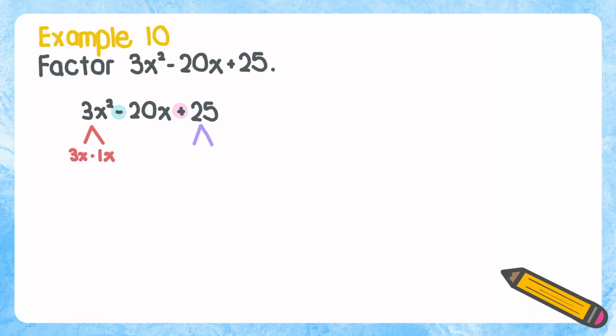And the 25 over here, since it's a positive 25, we have the options 1 times 25 or 5 times 5, or negative 1 times negative 25, or negative 5 times negative 5. And I'm going to focus on these negatives since I want a negative middle term.